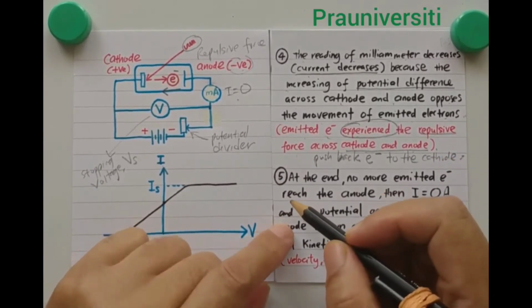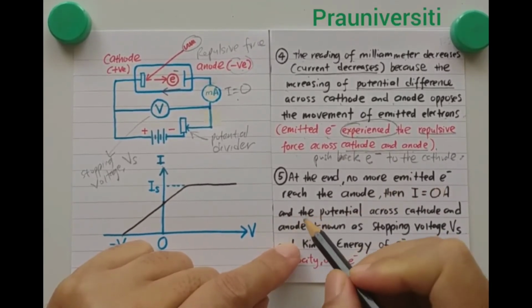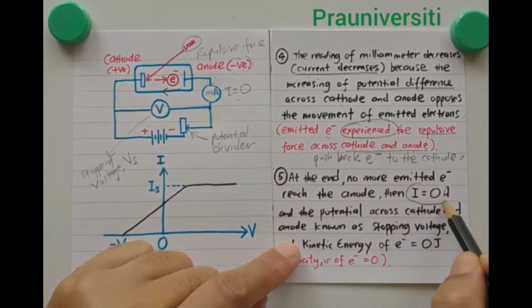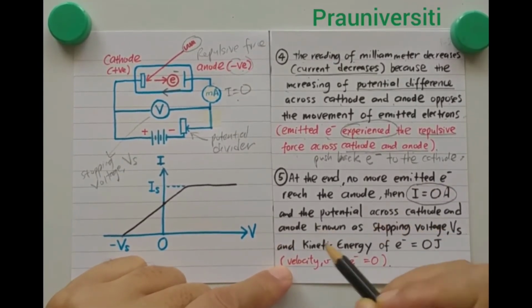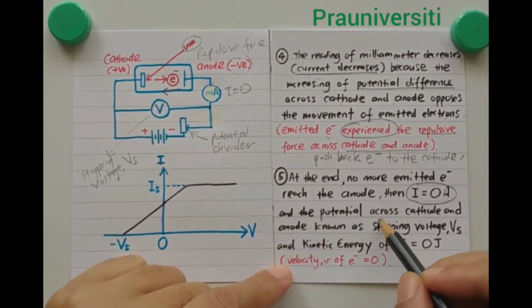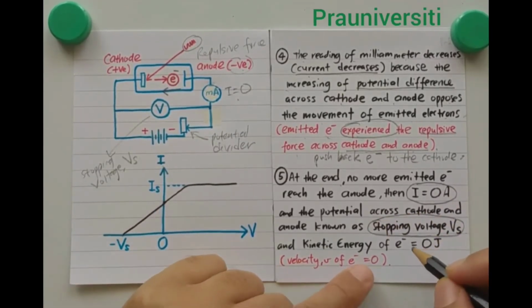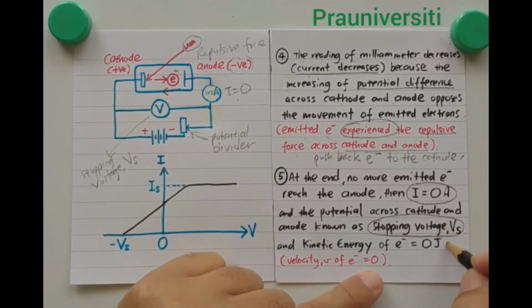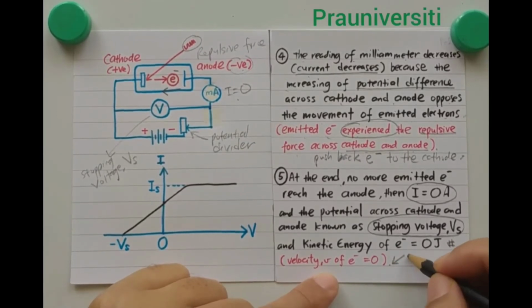And then we continue. At the end, no more emitted electrons reach the anode, then the current I is equal to 0. And the potential across the cathode and anode is known as the stopping voltage. The kinetic energy of the electron is equal to 0, because kinetic energy is half mv squared.